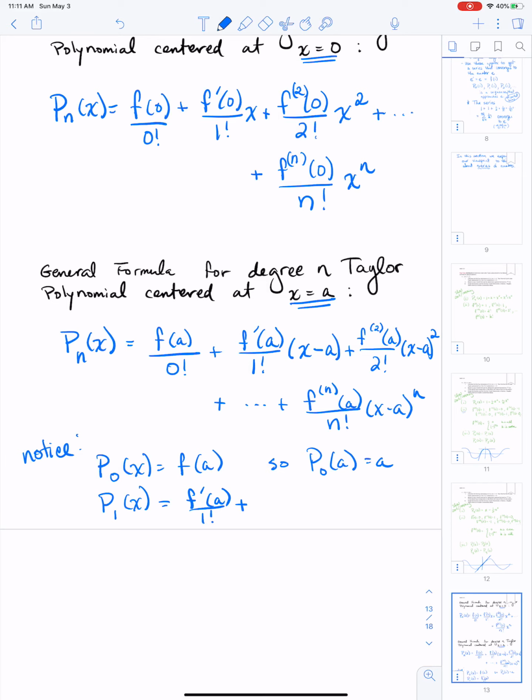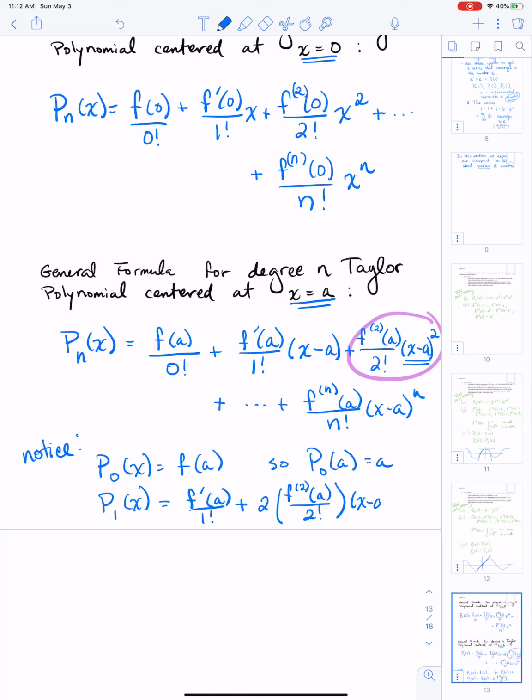Plus, and now we have to do this for every term, so then we're going to use the power rule on the next term. So we'll end up with 2 times this constant term, right? This is just a number that I'm carrying along, and I'm doing the power rule on this power of x minus a.